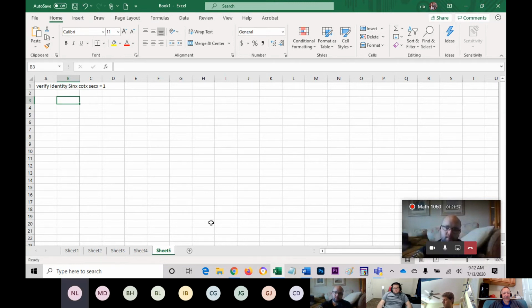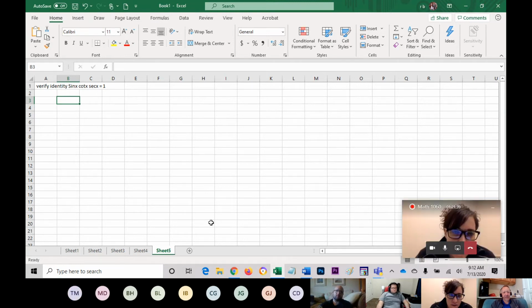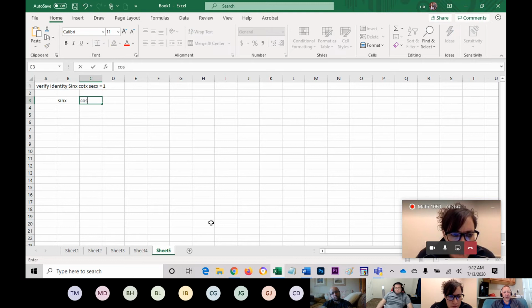So change the cotangent to cosine of x over sine of x. Okay, I'm just going to rewrite sine of x. Changing the cotangent to cosine of x over the sine of x. And then change secant to 1 over cosine of x.